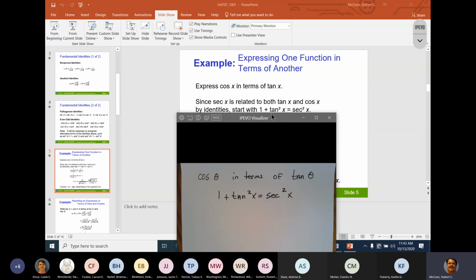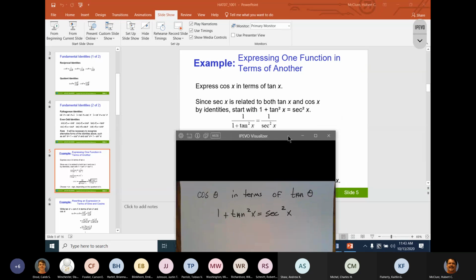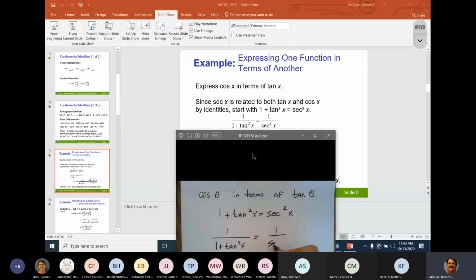Now, I can rewrite it this way either, because what they're going to do is they're going to use a reciprocal identity. Okay, so I could say 1 over 1 plus tangent squared is equal to 1 over secant squared. So 1 over 1 plus tan squared is equal to 1 over secant squared.